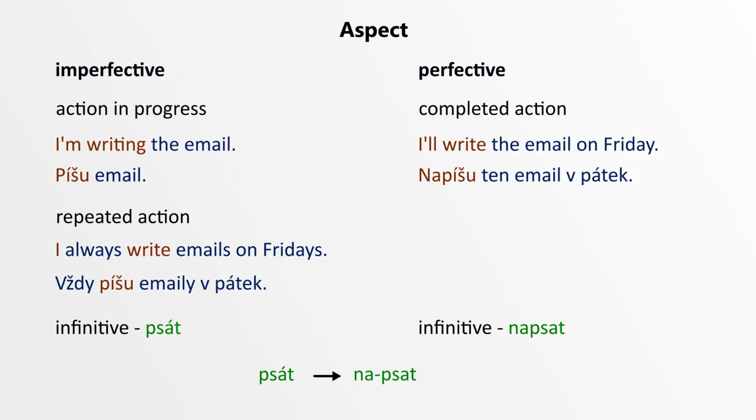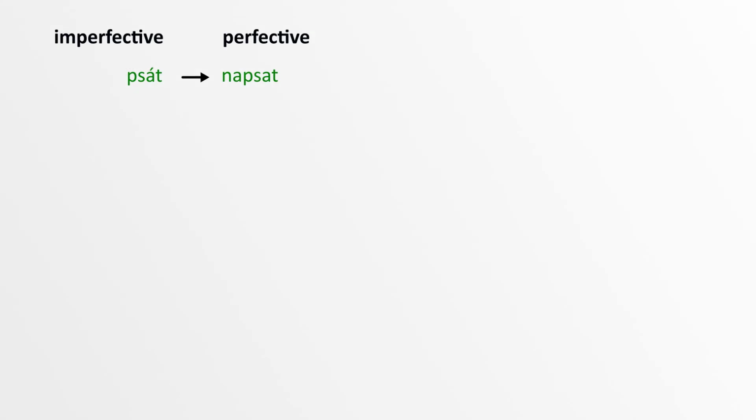And that's a typical pattern in Czech. Very often there are verb pairs in which both verbs mean the same, but one verb is imperfective and the other is perfective. As in this example, perfective verbs are often formed by adding a prefix to an imperfective verb.